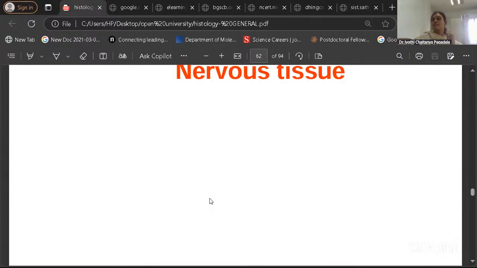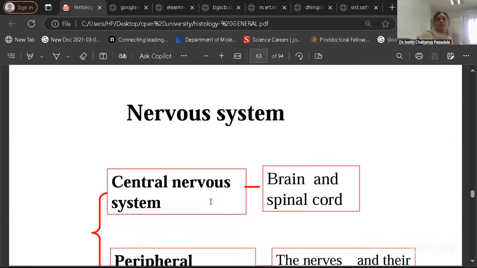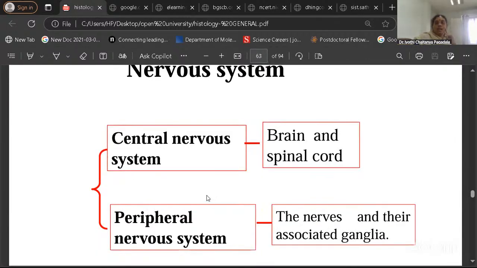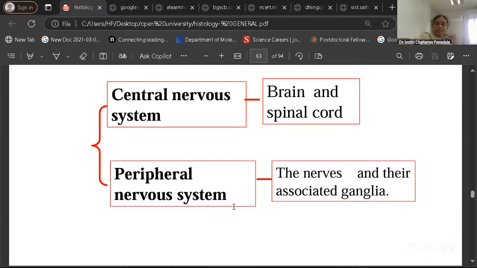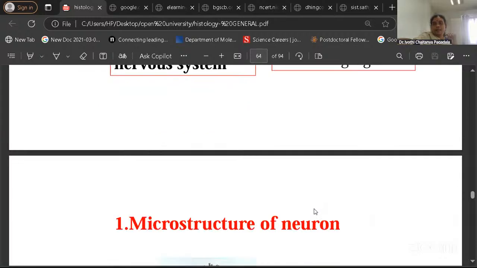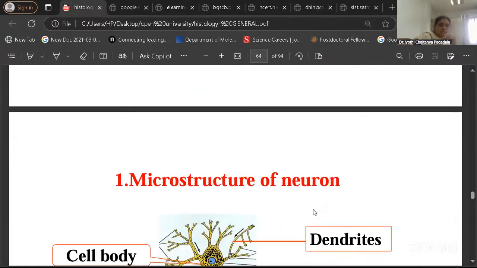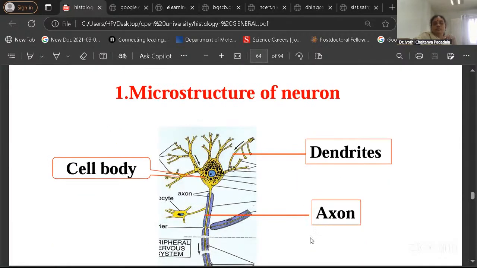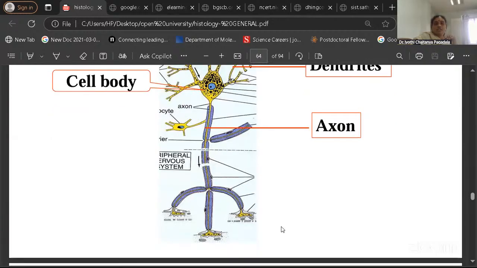When coming to the nervous tissue, the nervous system, we have the central nervous system and peripheral nervous system. When coming to the central nervous system, we have the brain and spinal cord. When coming to the peripheral nervous system, the nerves and their associated ganglia. This is the microstructure of a neuron.